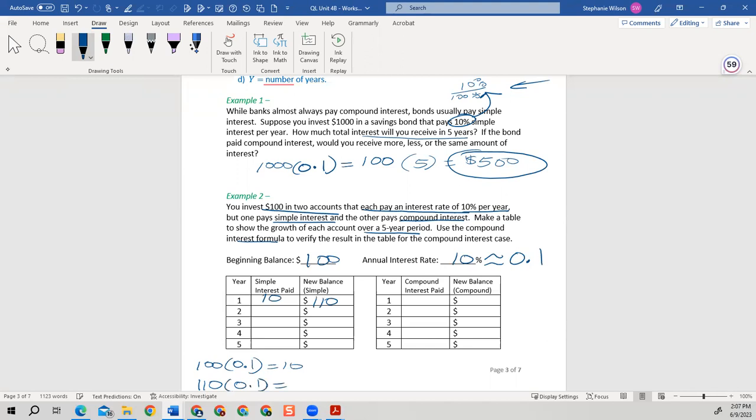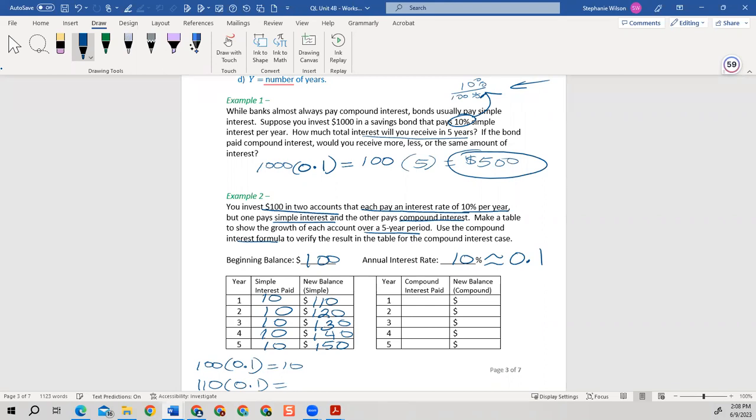We're doing simple interest, are we not? Simple interest says that we're going to have 10 paid on 100 all the way through for that 5 years. So I'm going to add 10 to that 110, which is 120. I'm going to add 10 to that 120, it's giving me 130, and so on. So in 5 years, we'll have $150 in that balance. Okay, that's if you add no more to it.